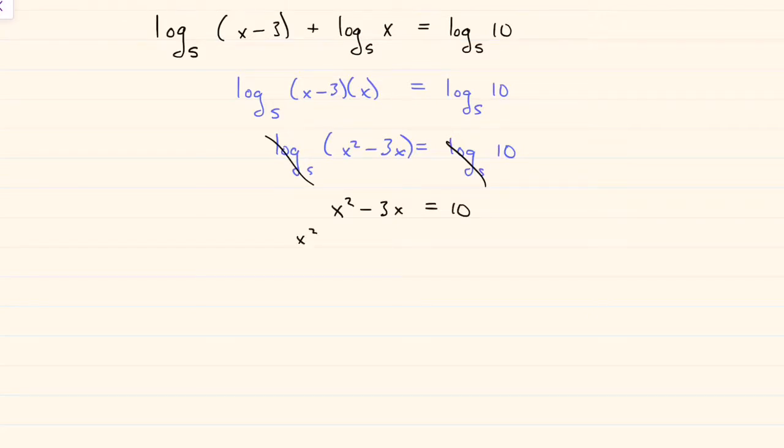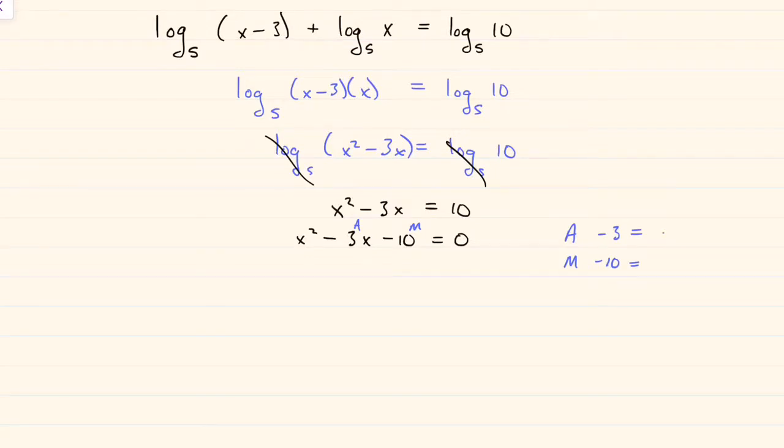This leaves a quadratic, and typically with a quadratic, we want to get everything to the left-hand side, and then we can either factor or use the quadratic formula to solve. So x squared minus 3x minus 10, I'm going to use the AM method to factor it. I'm looking for two numbers that add to negative 3 and also multiply to negative 10.